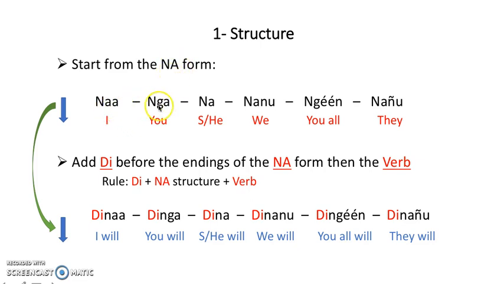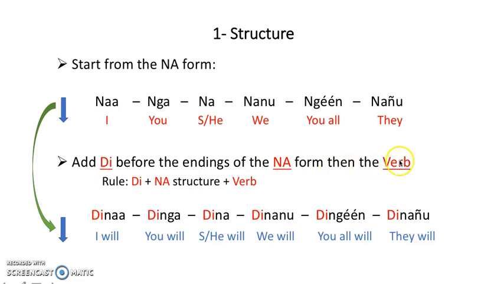So if you already know the structure of the na form in Wolof, what you do for the future, and this is how it is structured, you just put di, so it's pronounced di, which has the meaning of a will, if you want to call it that way in English, before the ending of the na structure.